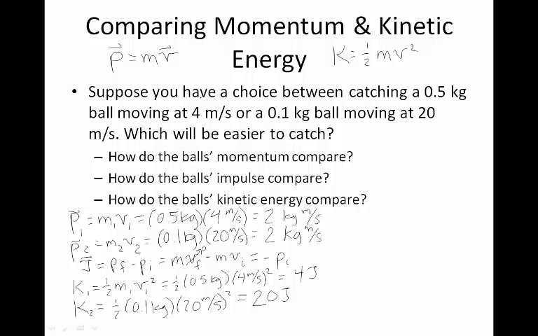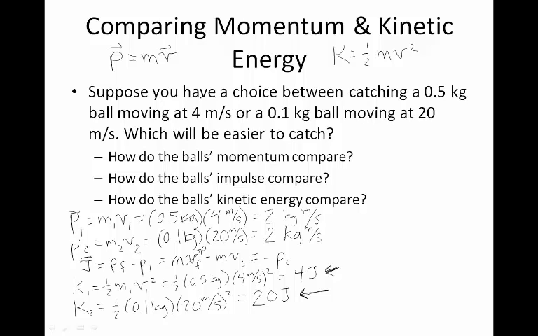All right, so there's where we see a difference. Okay, it takes less energy to catch the heavier, slower ball than it does to catch the faster, smaller ball. And I'd like to think from your own life experience, you guessed that that faster, smaller ball is going to hurt your hand more than the slower, bigger ball.